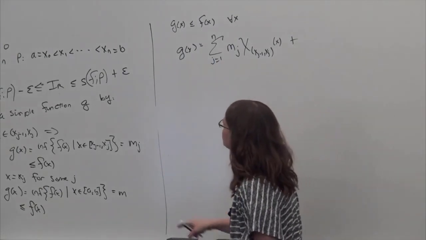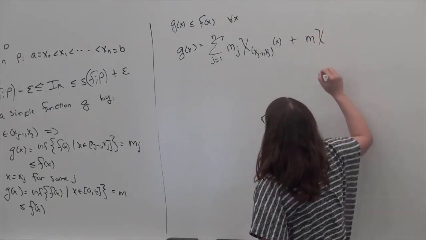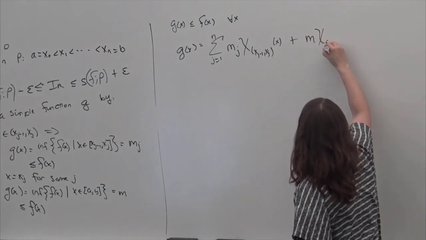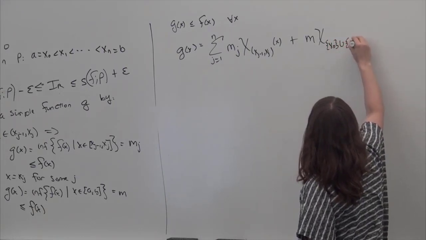And then if we happen to land at one of these endpoints, it takes the value m, so that's m times the characteristic function of just the union of these endpoints.